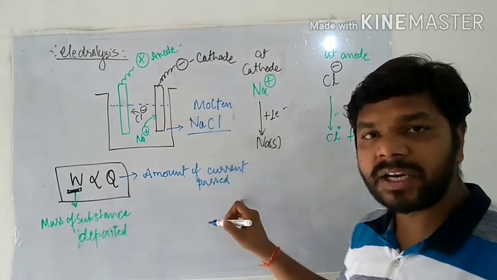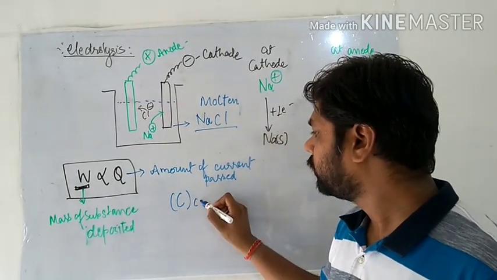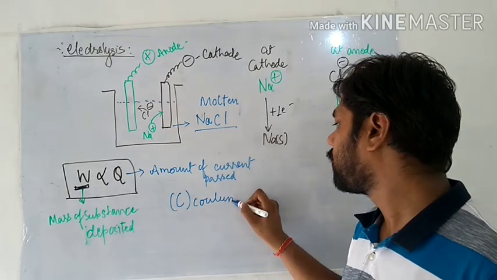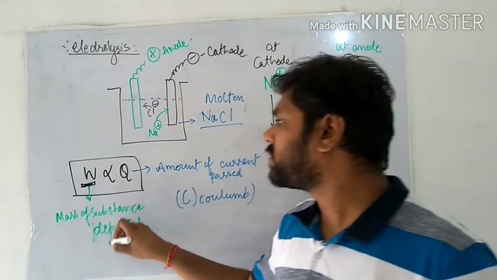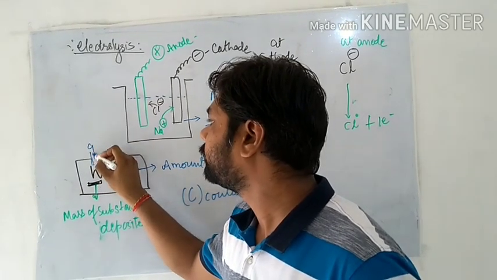The amount of current passed is taken in coulomb, C, and the unit of W here is the gram.